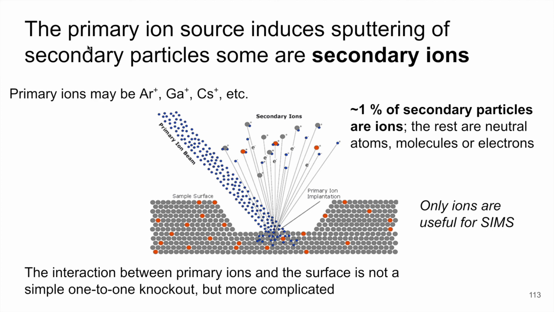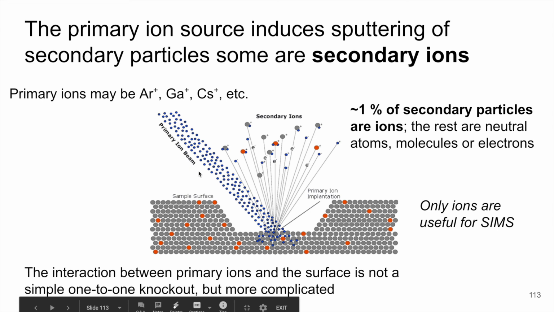So this primary beam, if you're wondering what it is, we can use a range of ions, but some of the more common ones are argon, gallium, and cesium. And so that's the primary beam that comes in to initiate the secondary particles. And so the interaction is what we're going to talk about next.